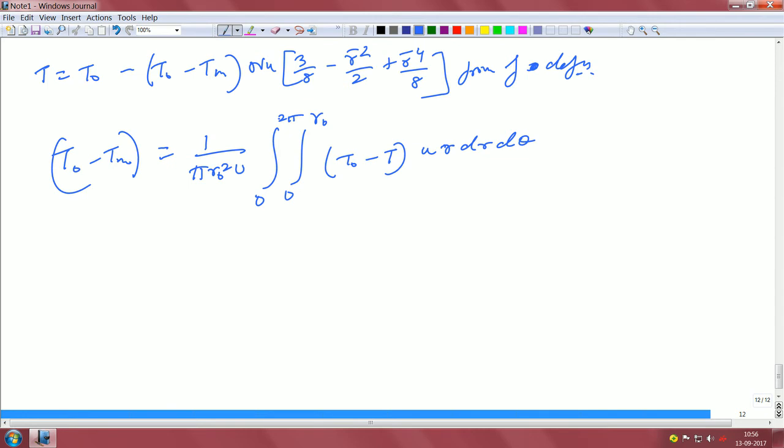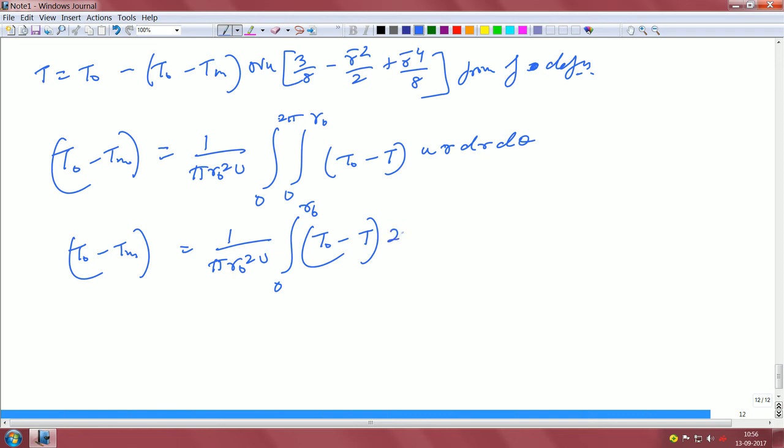Therefore T naught minus Tm, if you put the terms within the bracket, you can integrate it in a better way: 2 u mean into 1 minus r bar square r into 2 pi dr. That is the equation.